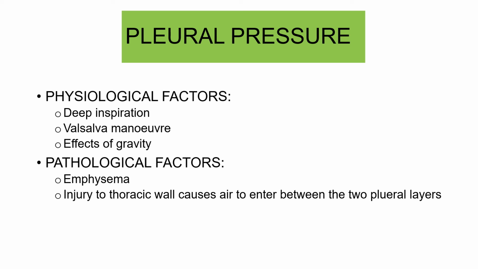This will press the lungs from all sides, because the visceral and parietal pleura are enveloping the lungs from all sides. So when air enters inside the pleural space, it will press the lungs and there will be increased intrapleural pressure. Increased intrapleural pressure will compress the lungs.